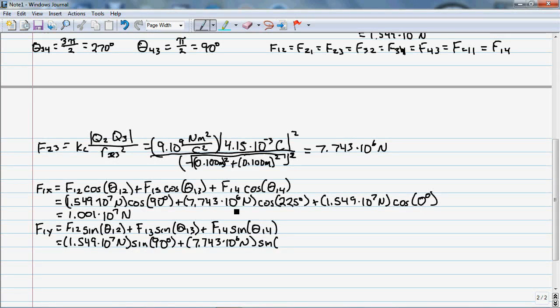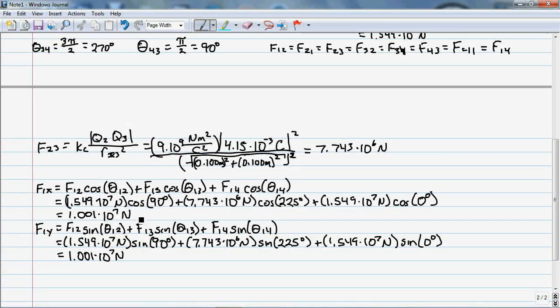Sine is going to be of the same angle, 225. And for the last one, it will be the sine of 0 degrees. And now we can calculate that out, and I get 1.001 times 10 to the 7th newtons.